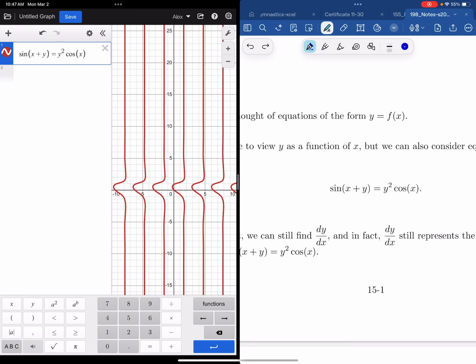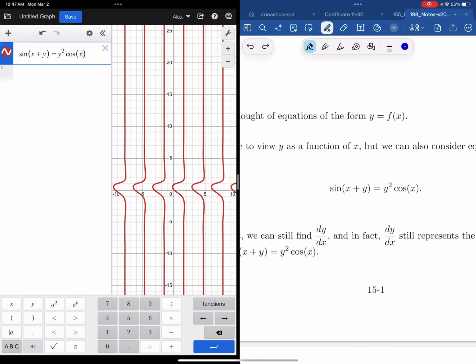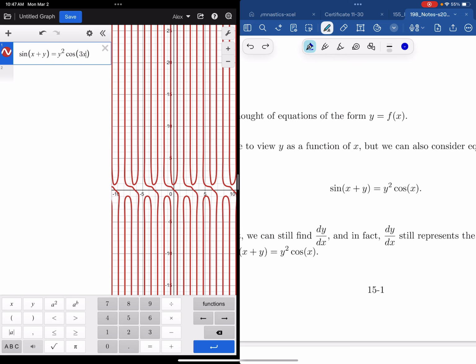And if you want to go ahead and experiment with this, then feel free. Let's see if we did like a 3x or something. You can get some really wacky stuff going on here, right? If you want to just take a second, fool around and see what you get, you can feel free.